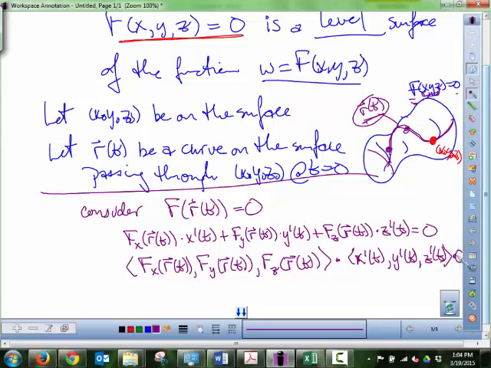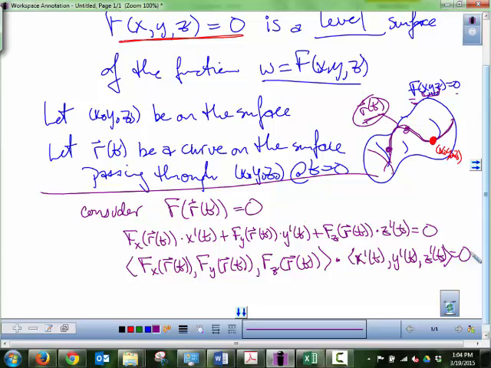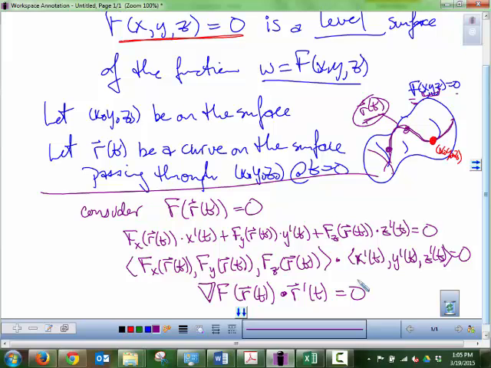And their dot product is equal to 0. And then you say, hey, what is this first vector? This is the gradient of f evaluated at r of t, dotted with, what's the second vector? R prime of t, is equal to 0. And you know that when the dot product is equal to 0, these two vectors are perpendicular.